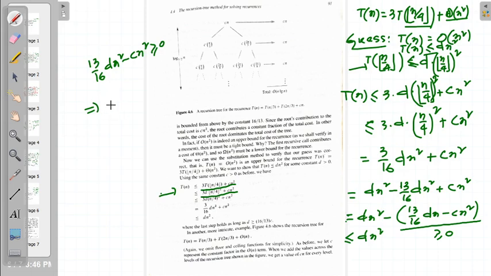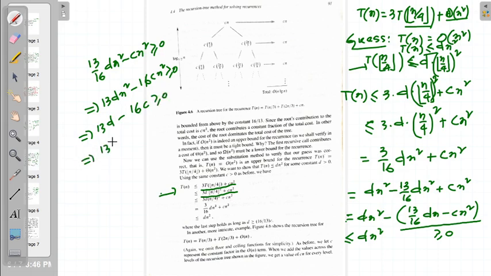we can multiply throughout by 16. So we get 13dn² minus 16cn² greater than or equal to 0. Dividing throughout by n², 13d minus 16c is greater than or equal to 0.